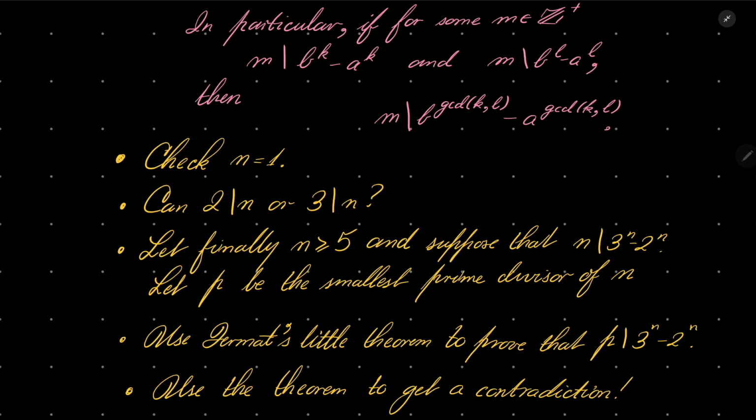And moreover, use the theorem which I stated to get, sorry, once again I made a typo, p divides 3 to the power of p minus 1 minus 2 to the power of p minus 1. And use the theorem which I stated and Fermat's little theorem to get some kind of contradiction. So give this problem a try, and I will see you in just a minute.